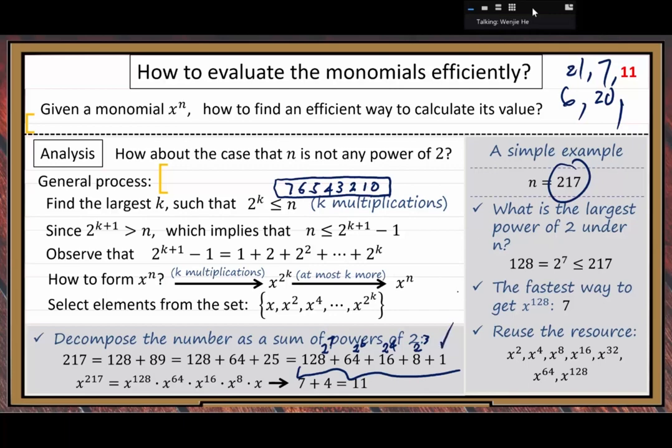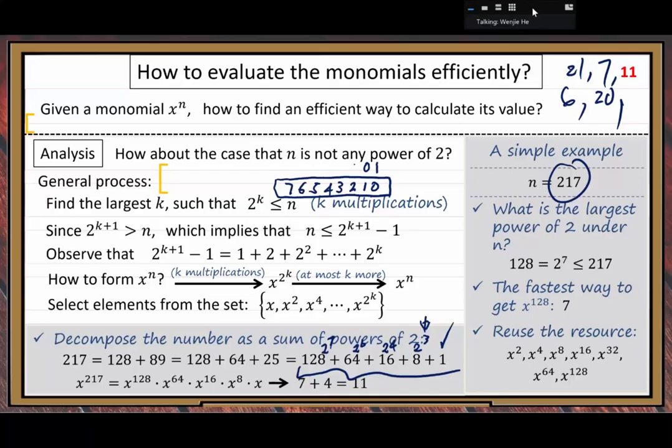At the 0 position you have 1, right? So I put a 1 here. 8 appears at position 3, because the exponent number is 3. The 1 position should be 0, because no term corresponds to position 1.